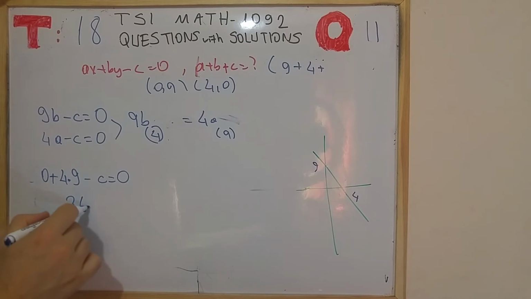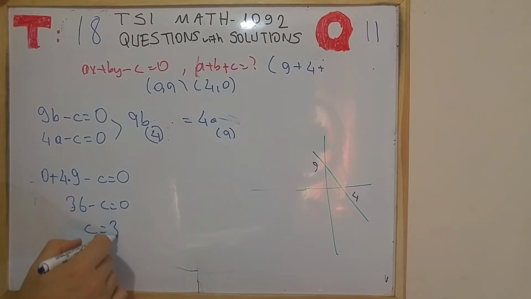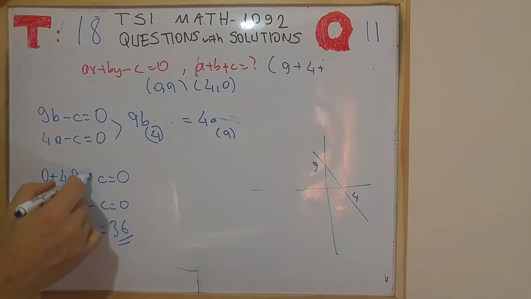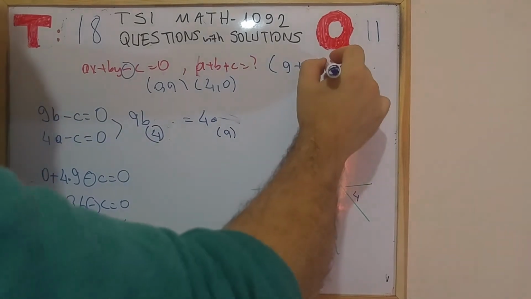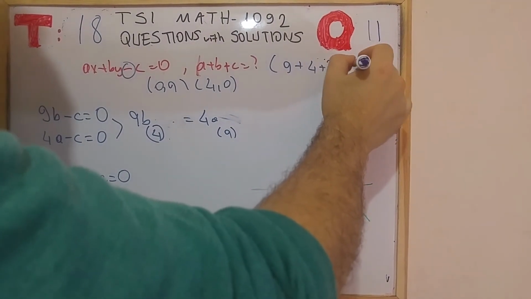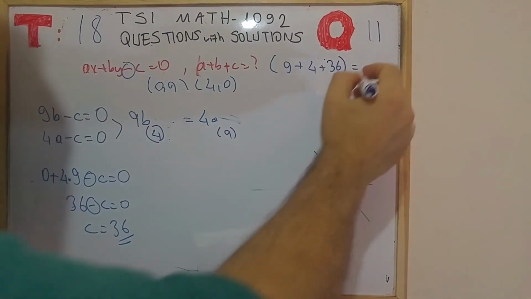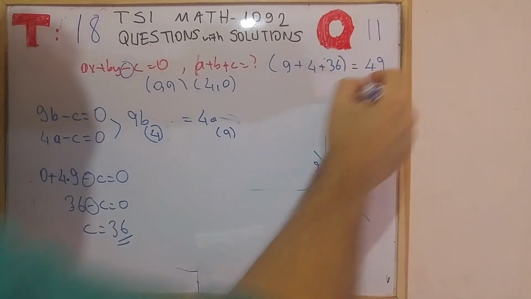This means that 36 minus c is equal to 0, and c is equal to plus 36. Please remember the sign again, negative. Let's put that 36 here too. And this makes, when I sum up, 49.